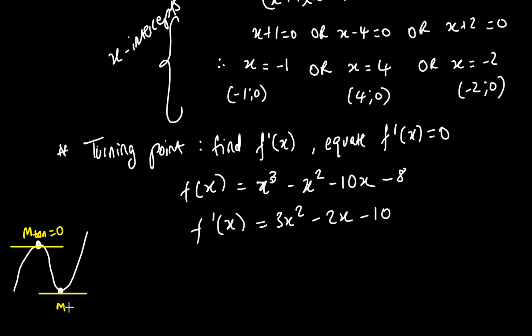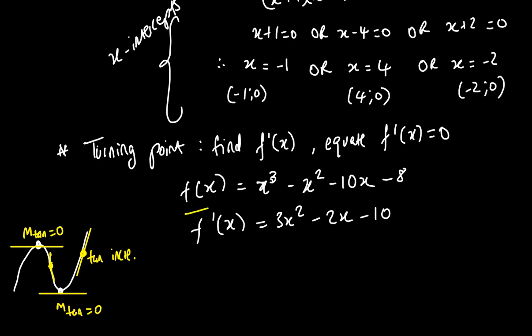But if a tangent is slanting like this, then you know that here the gradient is increasing. What about here? If I were to put a tangent here, the tangent line will be decreasing. So the only points where the tangent has a gradient of 0 are the turning points, which are your stationary points.